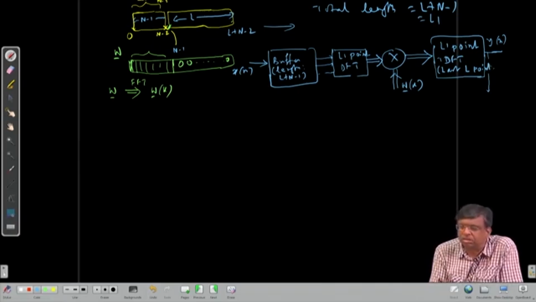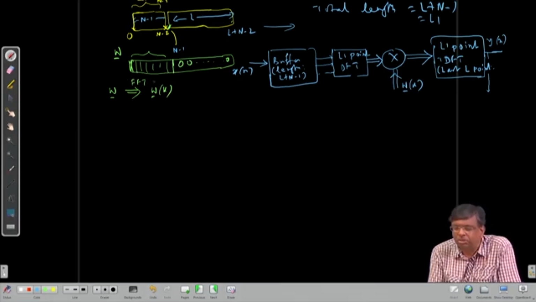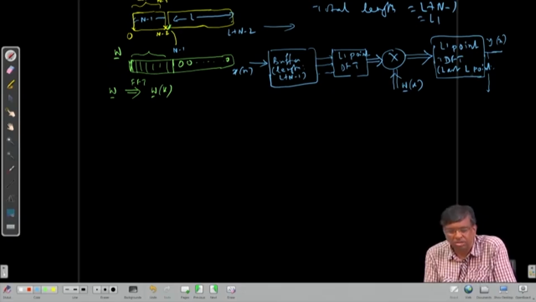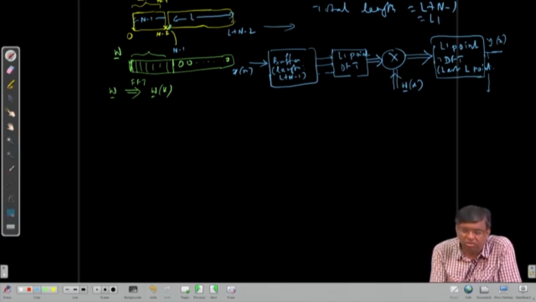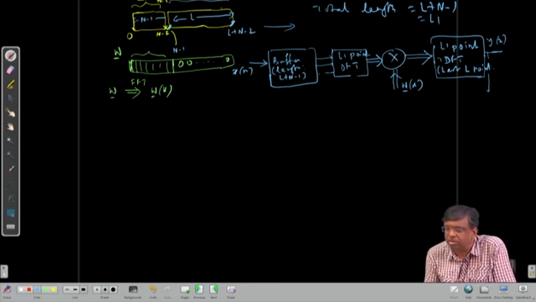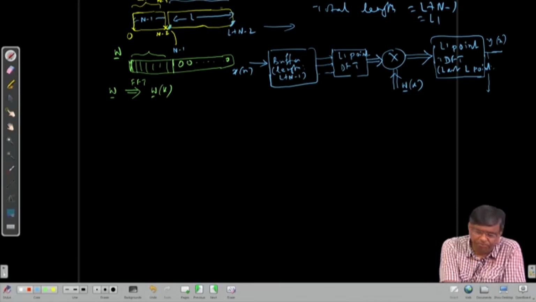They are equivalent. If total length is L plus n minus 1, you are discarding the first n minus 1 points, which means from the circular convolution you are taking the last L points. So, from here to here, all right, these points give me the correct convolution, all right.